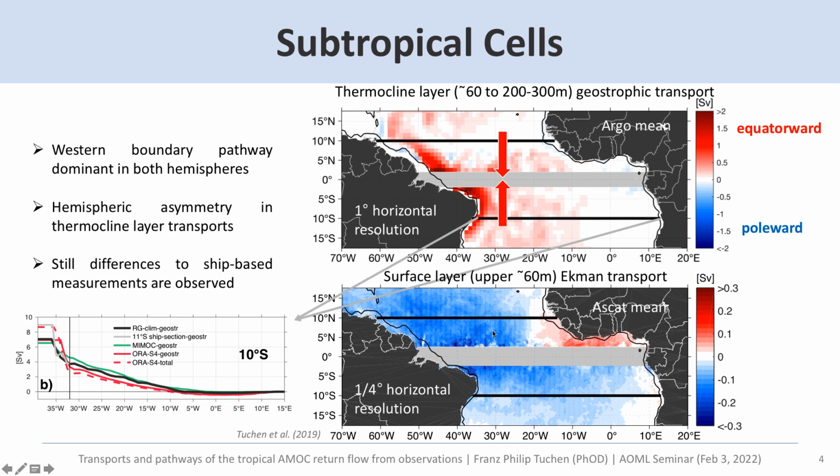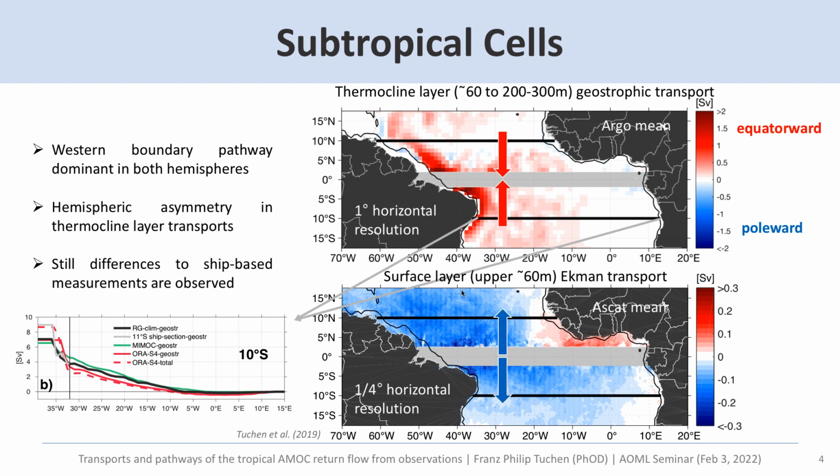So you can clearly see, due to the easterly trade winds, this component induces more or less everywhere poleward Ekman transport. Only in the most eastern part of the 10 North section, you have some southward or equatorward transport. But in general, it's a very, very symmetric Ekman transport divergence in the upper layer.